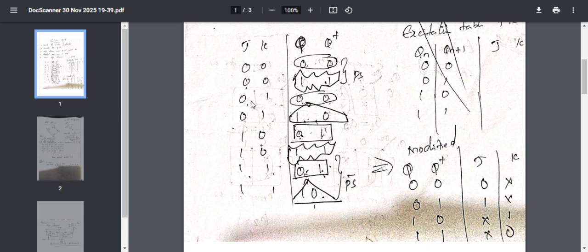I marked these with a circle. The same input 0 0 gives outputs 0 0 and 0 1. Only the second state is changing, so you can mark it as 0x.